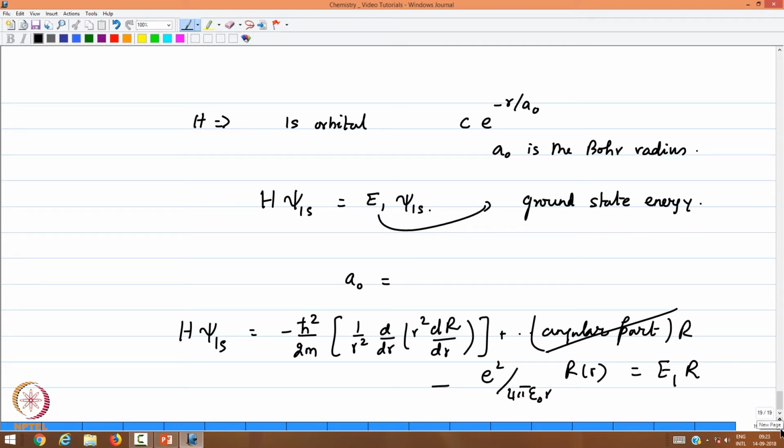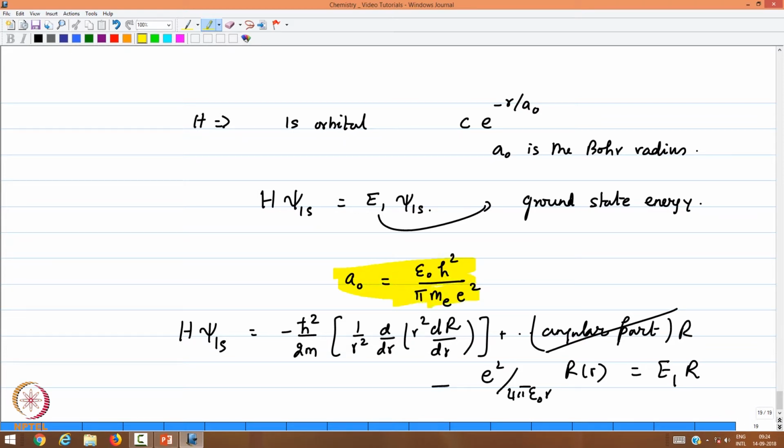Now, recall that a naught is from Bohr's theory, and it is still valid. It is a definition for the Bohr radius: epsilon naught h square by pi times the mass of the electron times the charge square. Okay. So, let me highlight this.